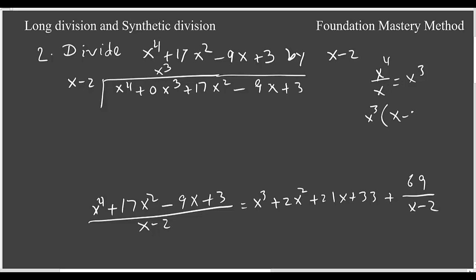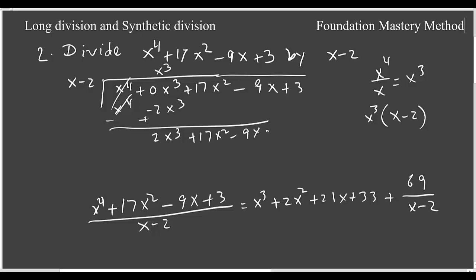And then this x to the 3 I'll be distributing here. That will give me x to the 4 minus 2x cubed. After that we change the sign, this term cancelled out. So now here we get 2x cubed plus 17x squared minus 9x plus 3.